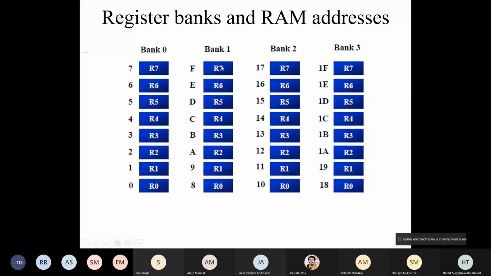Whereas if you want to change to, let's say, bank 3 later on, you do that through another instruction in between, where you change from bank 1 to bank 3 through configuration in the code through SFRs, and then again you write R0 to R7 through your instructions. It will now operate between 18 to 1F instead of 08 to 0F.